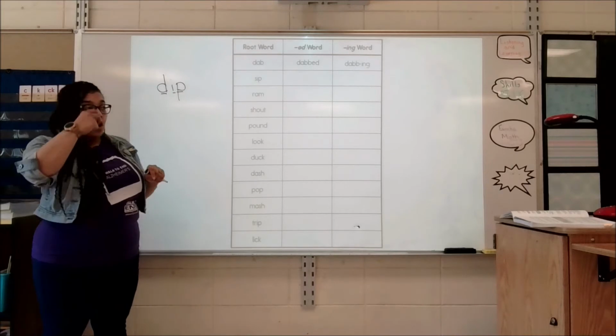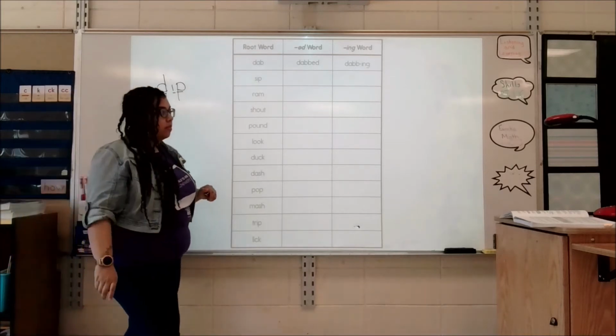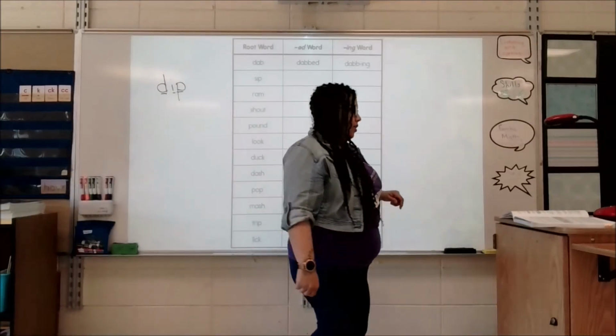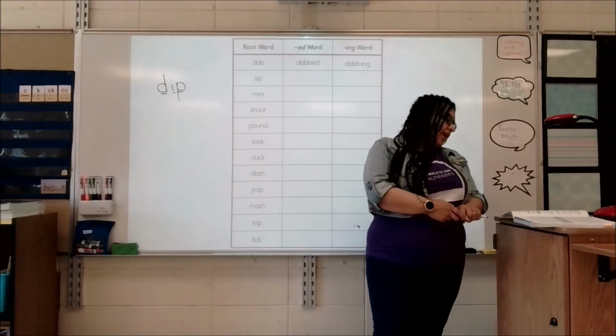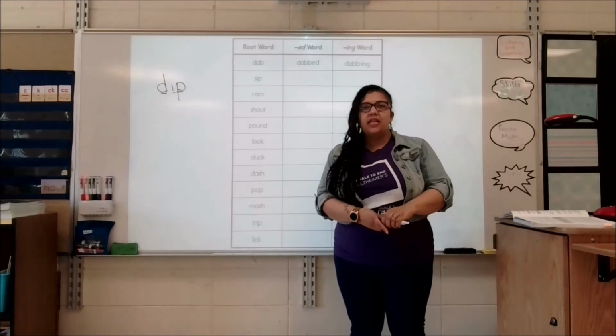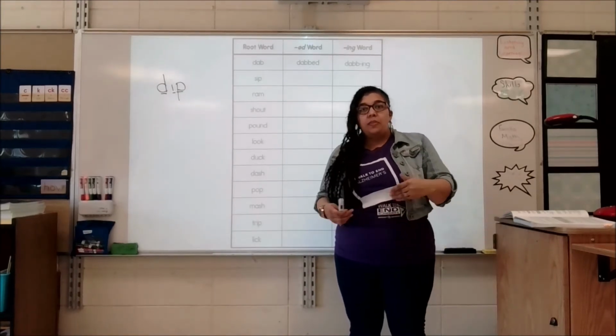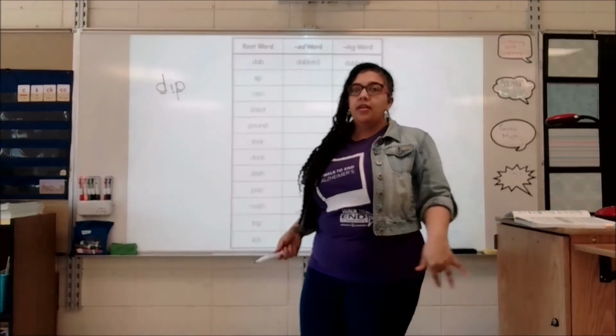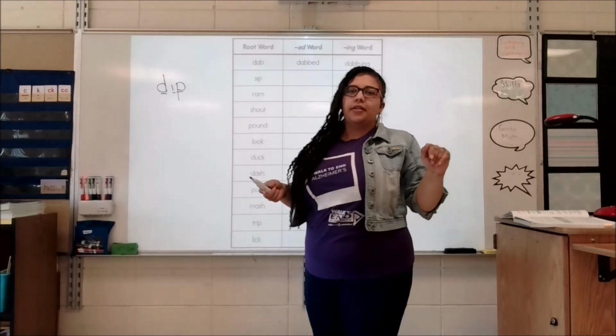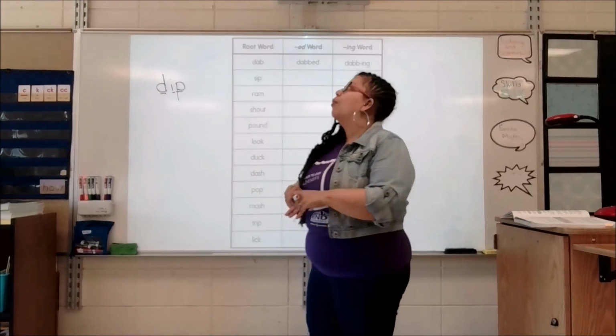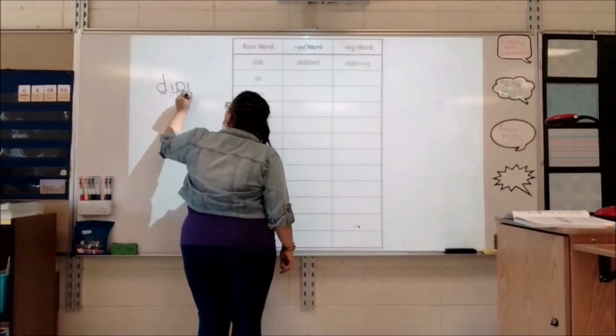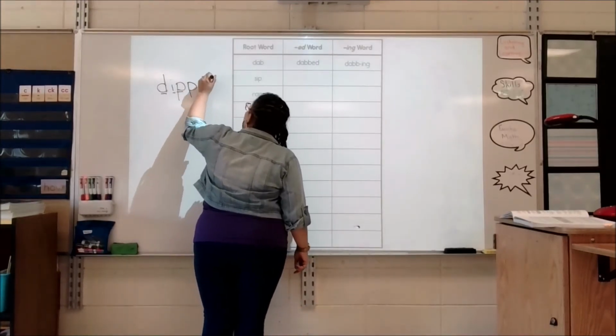Single meaning one. Yes, it is. Good. So what does that mean if I want to be dipping, or I've already dipped my toes in the water? That we're going to double the last letter, so we can add the ending.